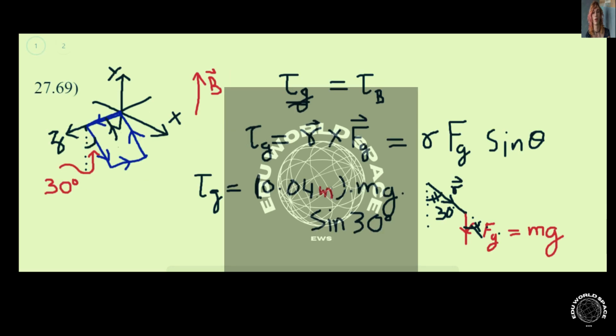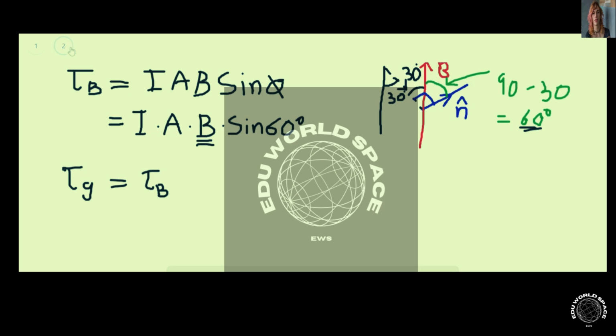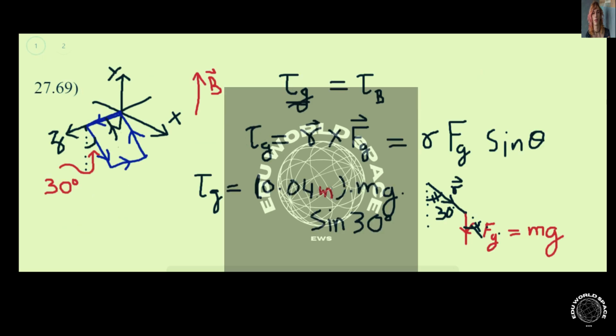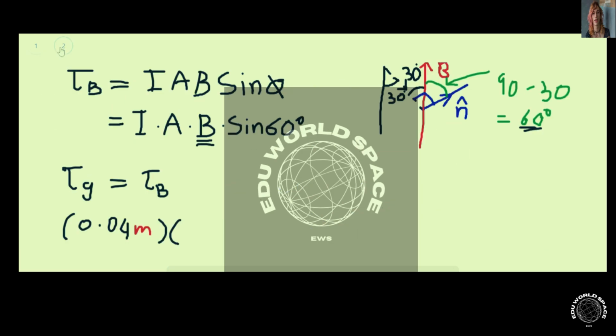That's R, which is 0.04 meters, times g times M, the mass.